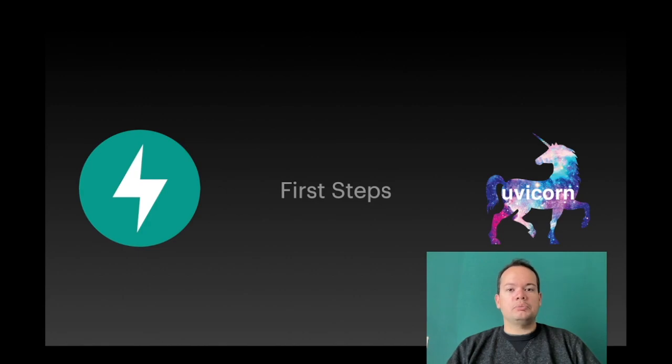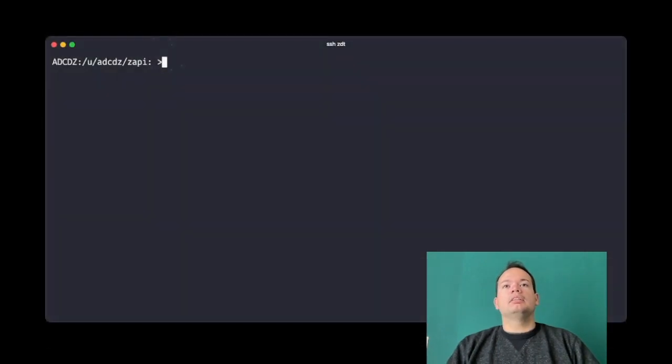So the first thing that we are going to do, let's go to the terminal here, and I'm going to create my virtual environment. Creating the virtual environment allows me to install modules and avoid impacting other users or other system modules that could be using Python.